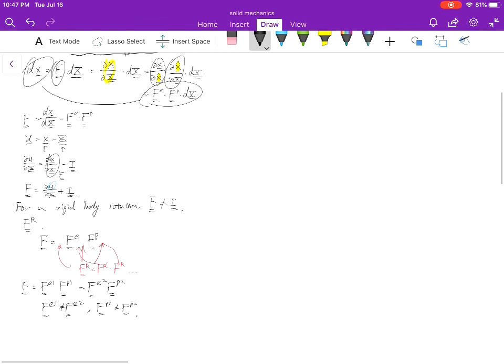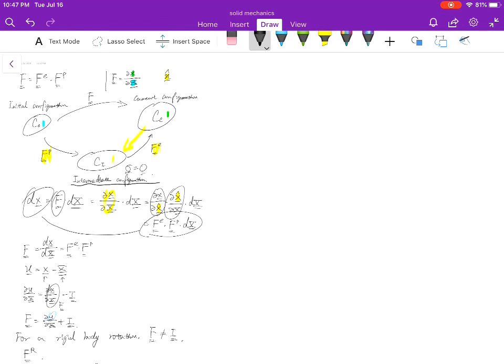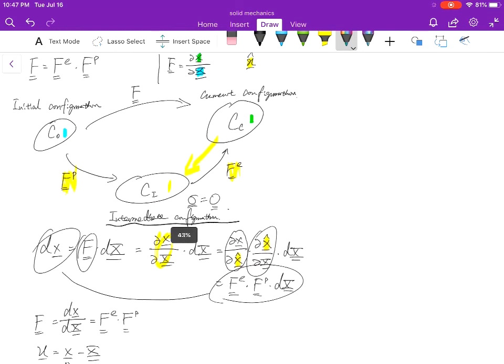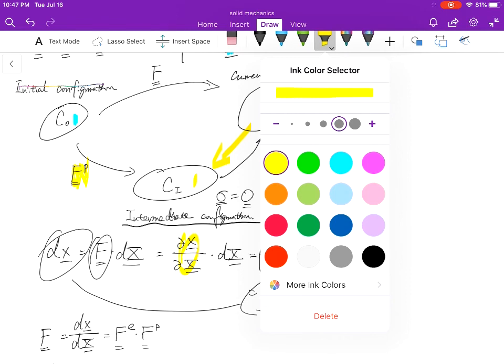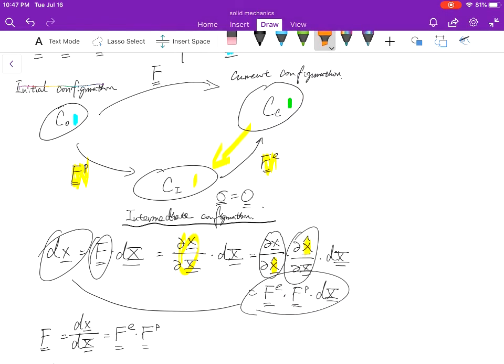Okay, now let's have a summary. Basically what we did is that we consider a material. It deforms from the initial configuration to the current configuration through a deformation gradient tensor, and this process can be separated by applying the plastic deformation first, and then applying the elastic deformation.